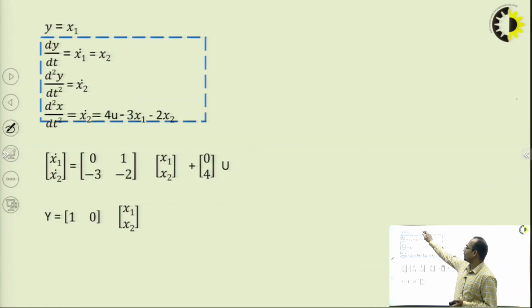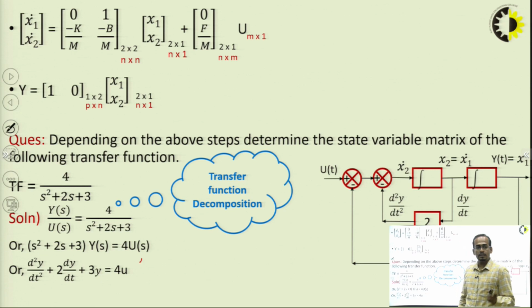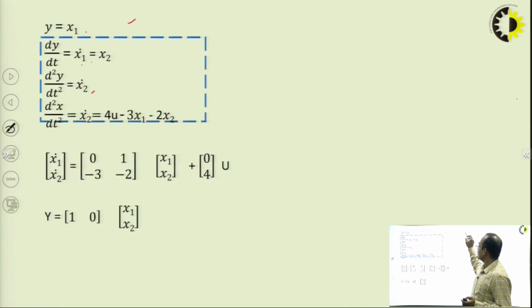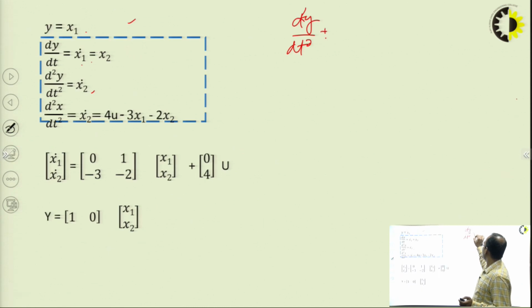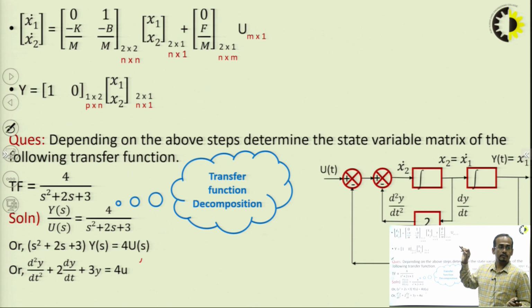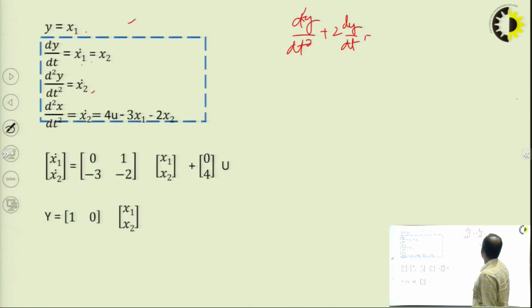I have considered y is equal to x1, and dy by dt, the derivative of this, x1 dot, is nothing but x2. d square y by dt square is nothing but x2 dot. So what will be the value of this? The differential equation is d square y by dt square plus 2 dy by dt plus 3y is equal to 4u.